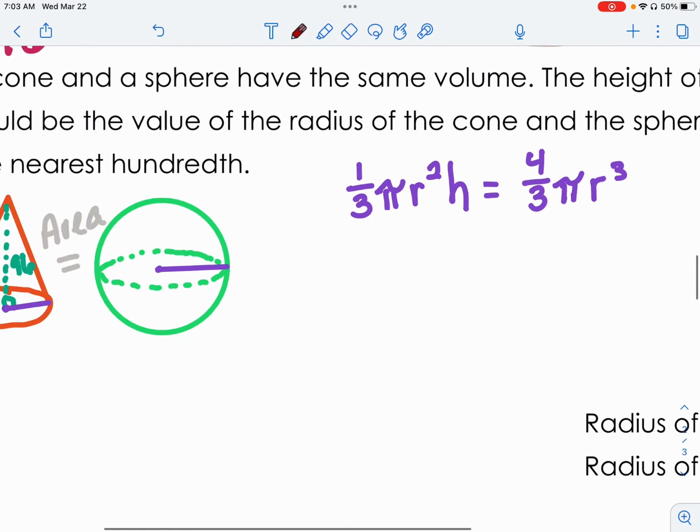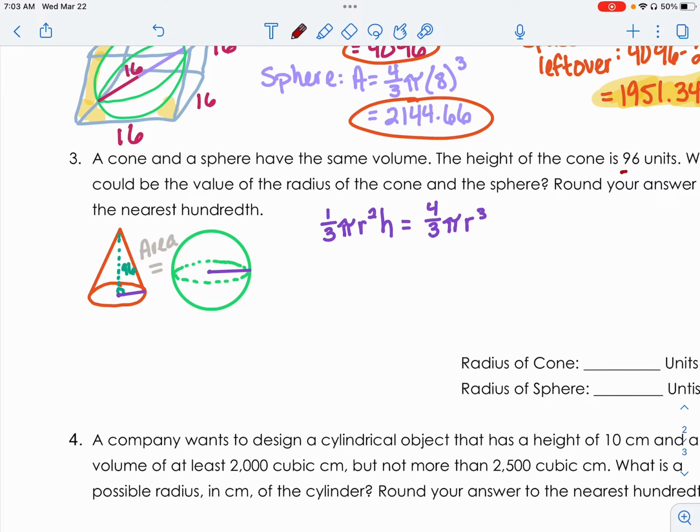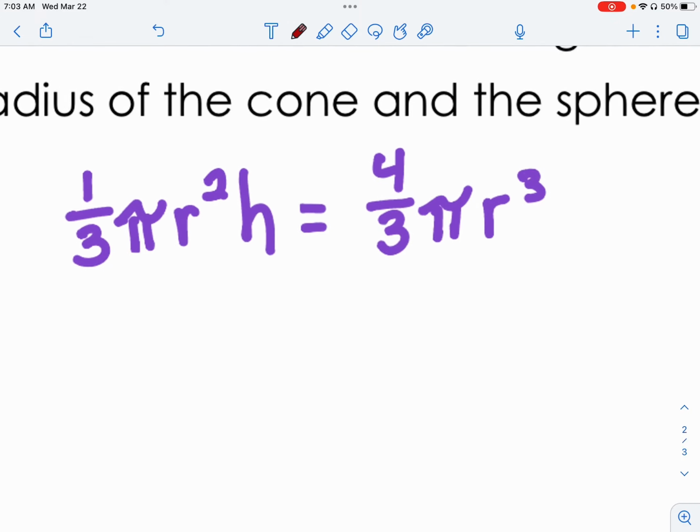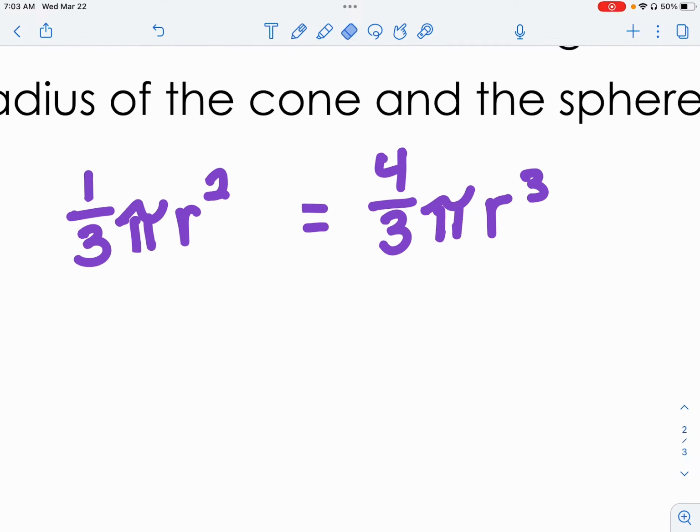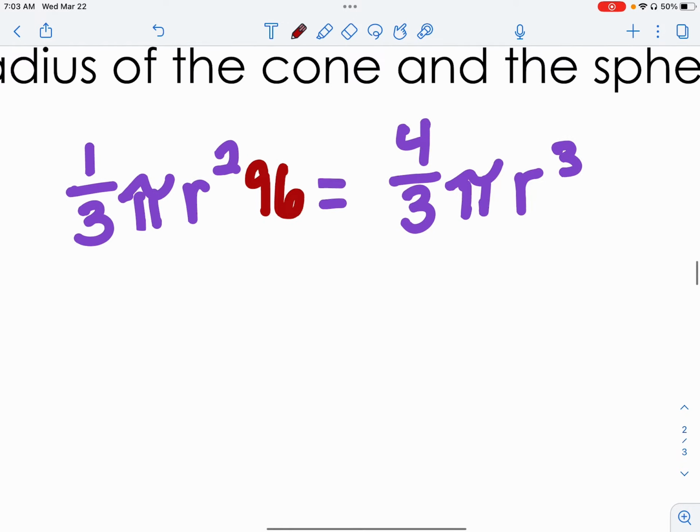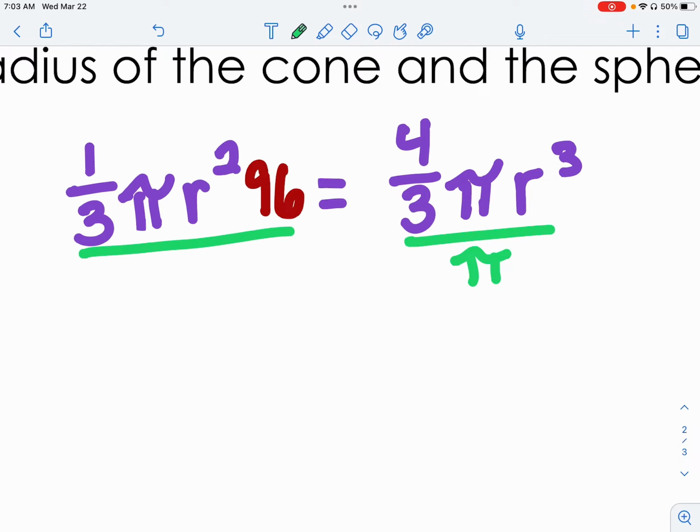We do know that the height of the cone is 96 units, so I can plug in a 96 there. Just by quickly looking at this, we can eliminate some stuff. If I divide by pi on both sides, those pi's simply cancel out.